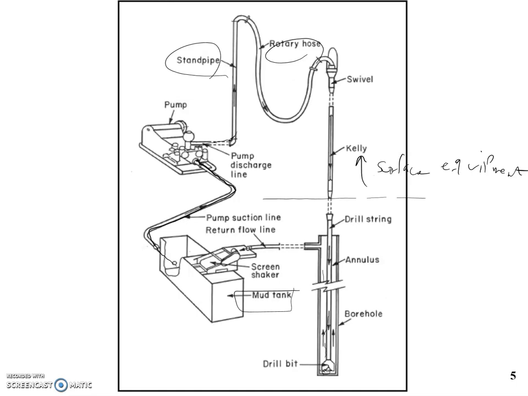Finally, once it reaches the surface, there are screening shakers that remove the contaminants, because the mud is now contaminated with solids, salt and some other things. They try to remove those from the drilling fluid, put it back into the mud tank, and then it circulates again. So this is an overall view of the circulating system for drilling fluid.